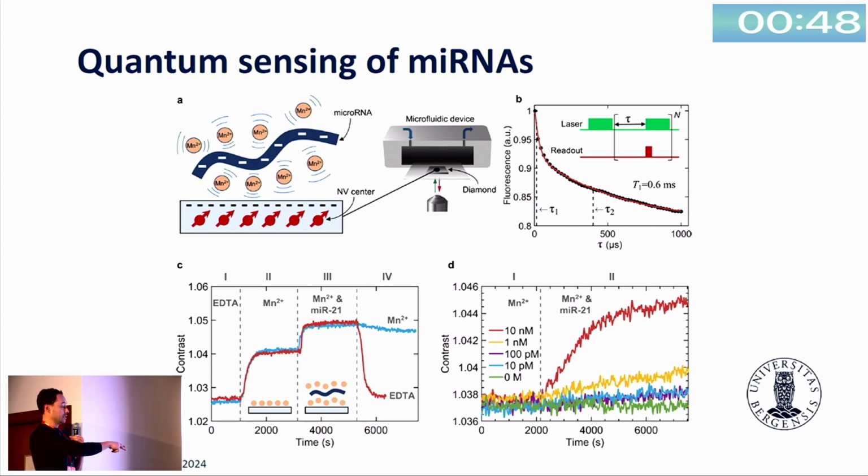As soon as we inject manganese, we increase magnetic noise, and at the same time, we increase contrast. When we introduce the microRNA and manganese, we increase the contrast further, and then when we inject a chelating agent like EDTA to remove the manganese, we bring the system back to basal levels. Now, we have been able to detect picomolar concentrations of the nucleic acids, and we're improving the surface to detect single molecules.